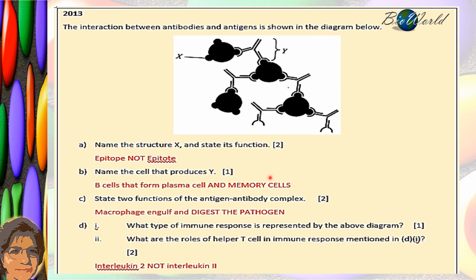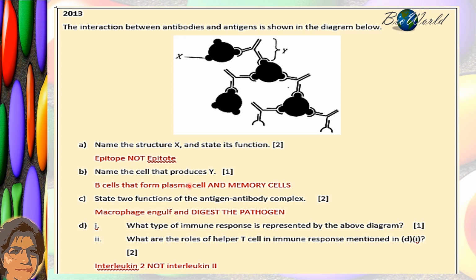Because the memory B cells are the ones that will produce antibodies very fast upon reinfection. Okay, so this is going to be quite a challenging mistake because normally students will not think beyond plasma B.